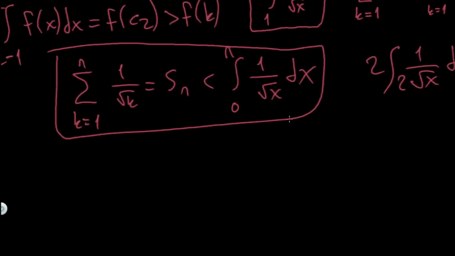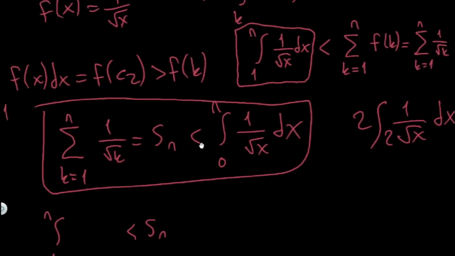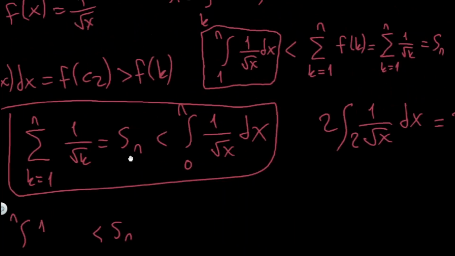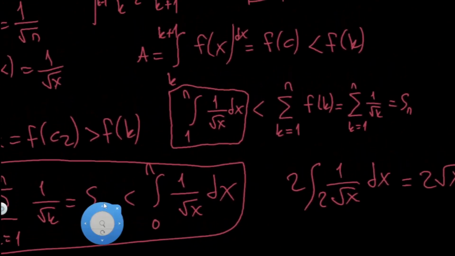So I'm just wrapping it up. So I found that from 1 to n, it was 1 over square root of x. Sorry, here I added all of these k's from 1 to n, so this upper bound should be n plus 1.